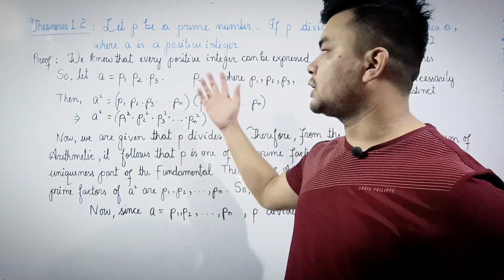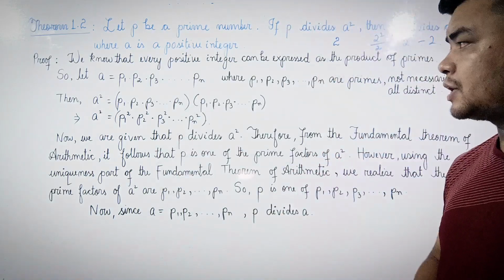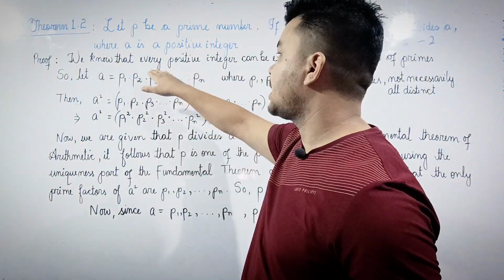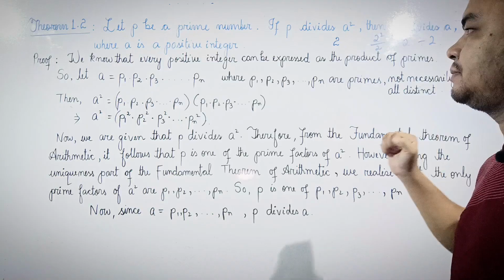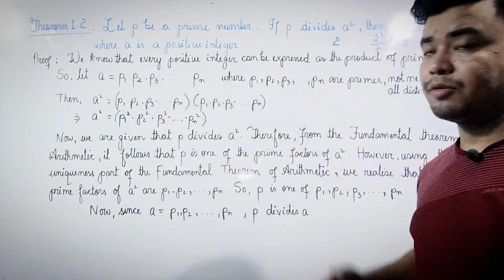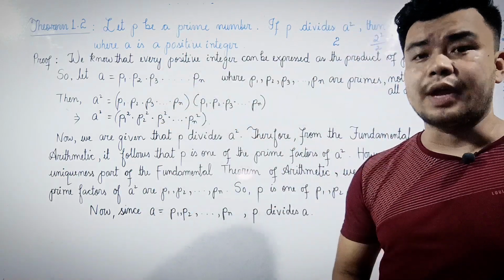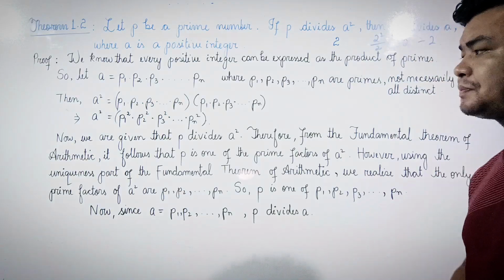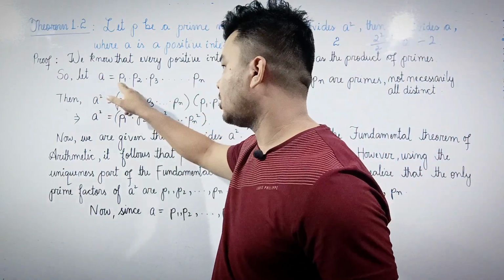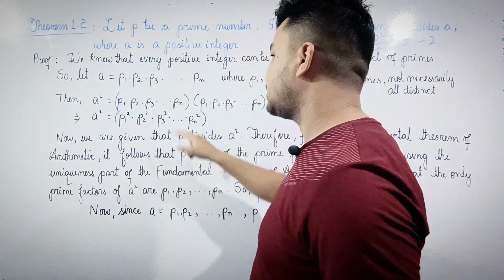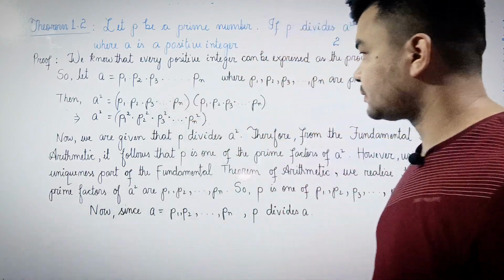So let's prove it. First, we know that every positive integer can be expressed as the product of primes. This statement we know from the fundamental theorem of arithmetic, Theorem 1.1. So let's consider A equal to P1 into P2 into P3 into ... Pn.